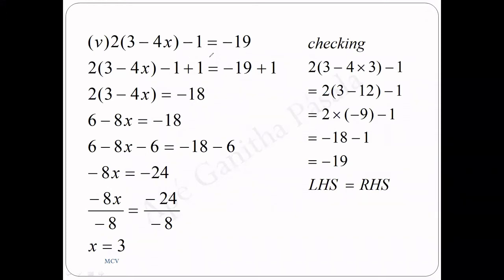Remember that in this question, you can't divide both sides by 2 like in the previous method. If you do that, that is wrong. What is the reason? If you divide that way, then you have to divide this 1 also by 2.